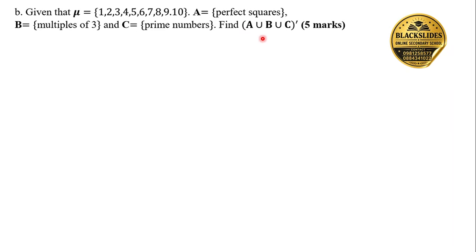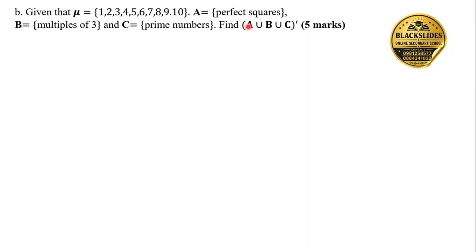So the question is, find the elements that are contained in the union of A, B, and C. All right. So find the elements which are not. This thing here is very, very important. This is called complement of a set. So we are asked to find the complement.